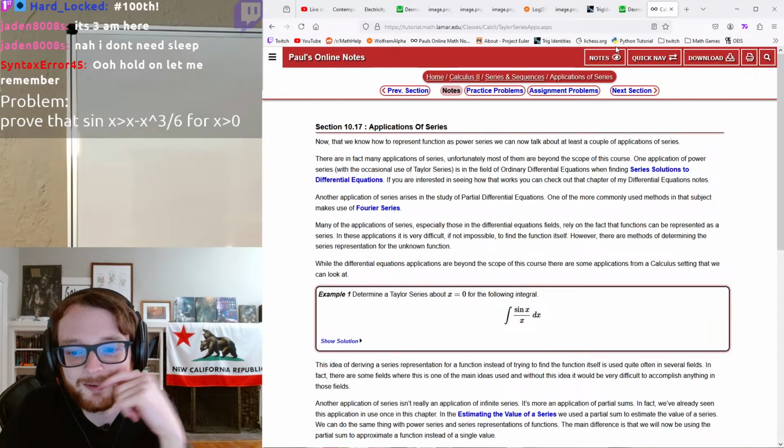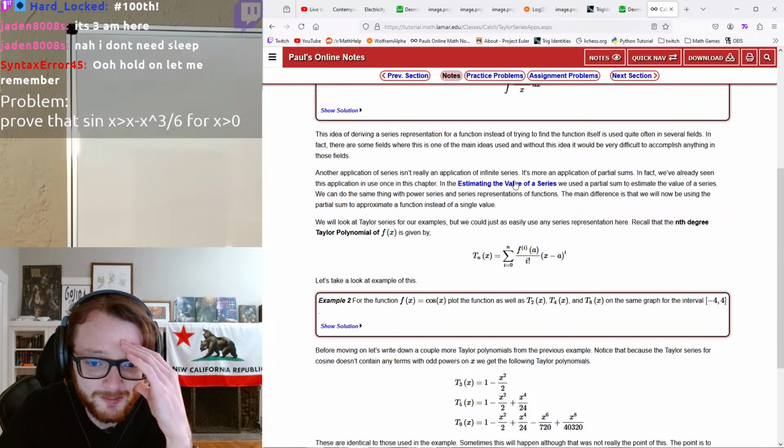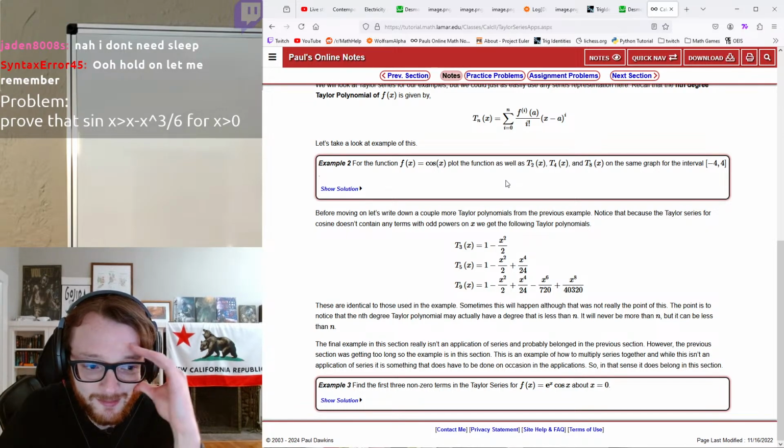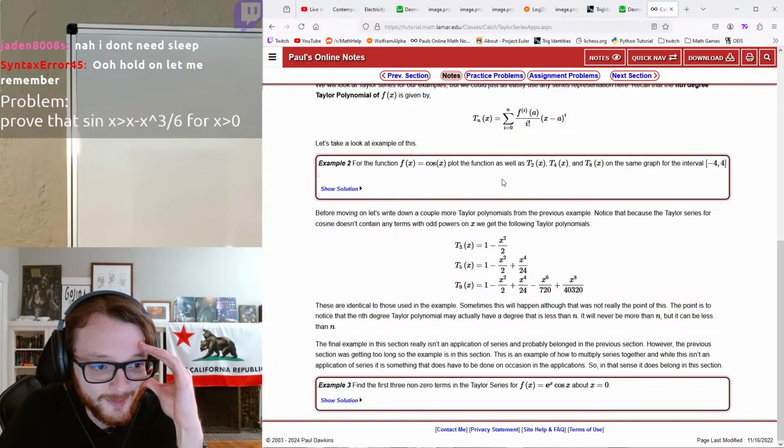Because this is definitely just like the Taylor series, but how do we... I feel like... I don't know, I have a hard time agreeing that some of the stuff is an actual proof.